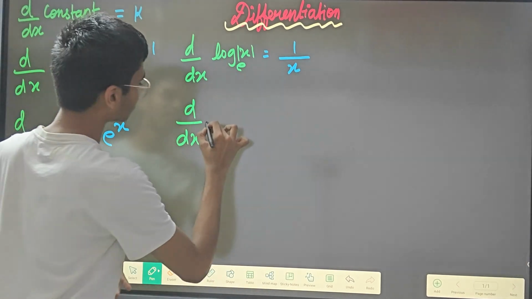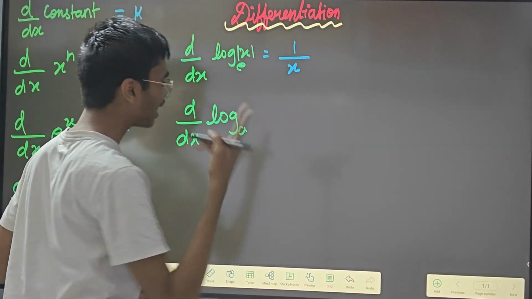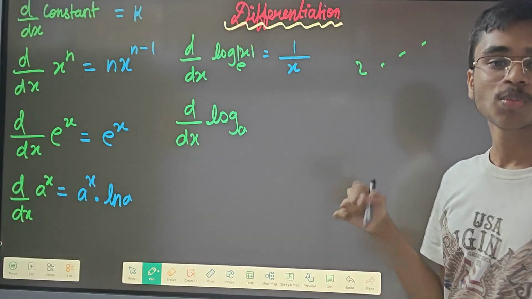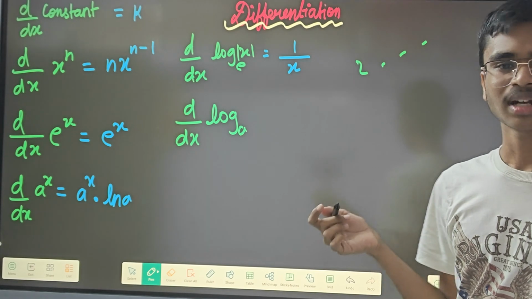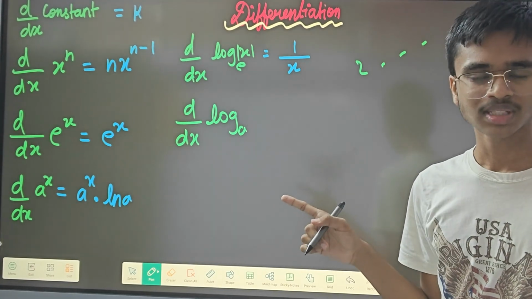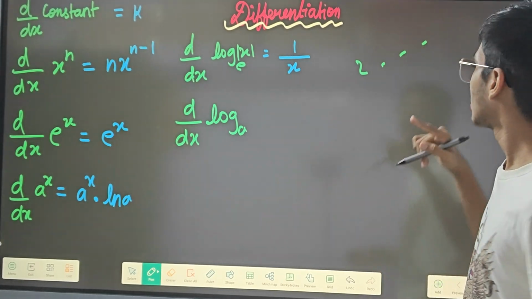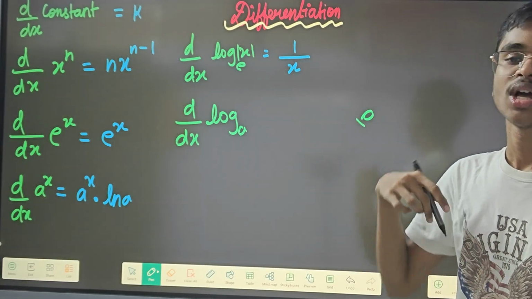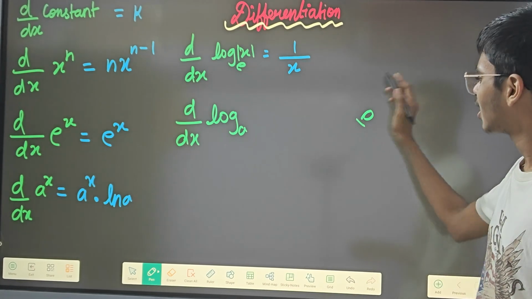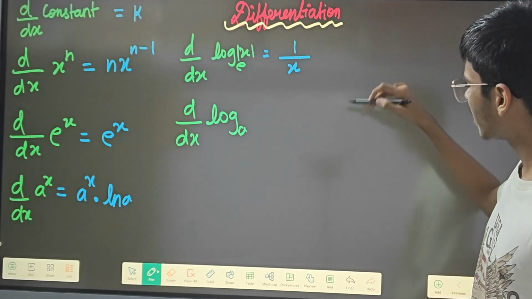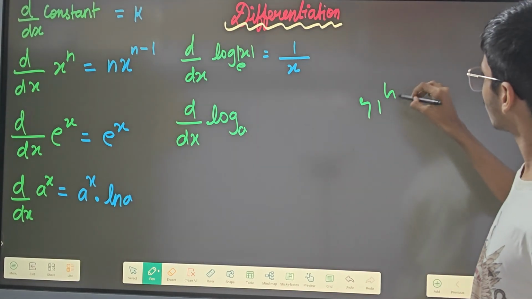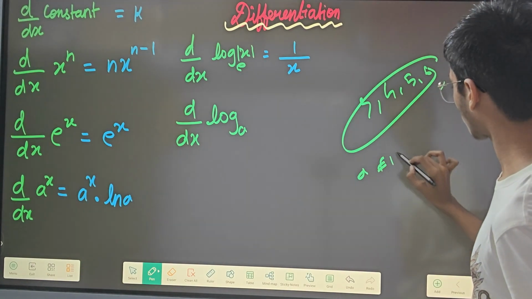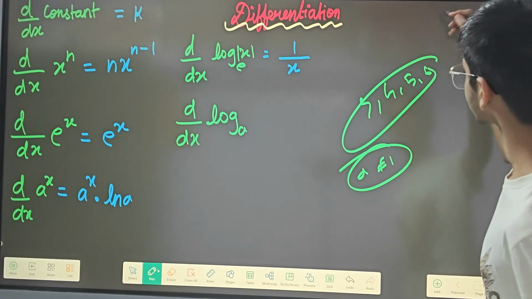But when some other base a or b is given, remember the base e is 2.718 or so. Whenever base 10 is given, for example, or base 3, 4, 5, 6, anything is given, remember a cannot be equal to 1. This also we have discussed here.